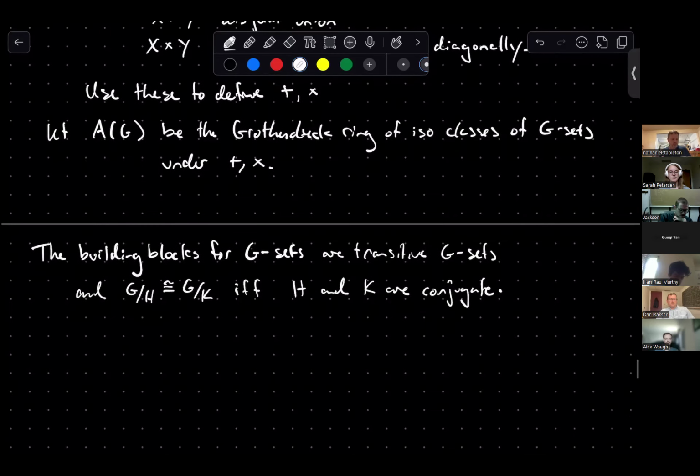And so this tells us that just like in the representation ring case, the Burnside ring has a canonical basis additively.